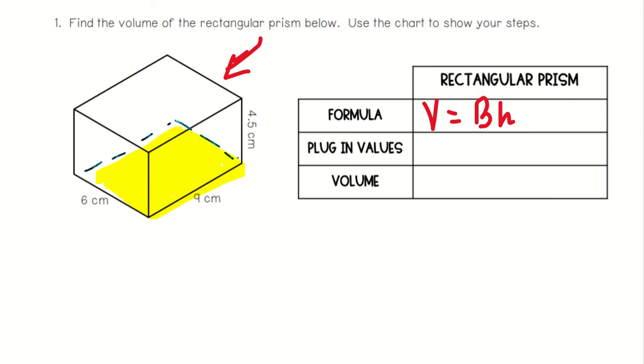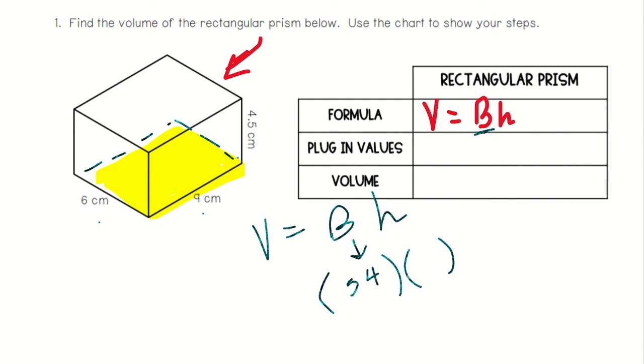According to our volume formula, we need to find the area of the base, right? Volume equals capital letter B times H. Big B stands for area of the base. So what is the area of that yellow part that I shaded? The area would be base times height, which is 6 times 9 is 54, times the height of the whole shape, and that's where this 4.5 comes in.